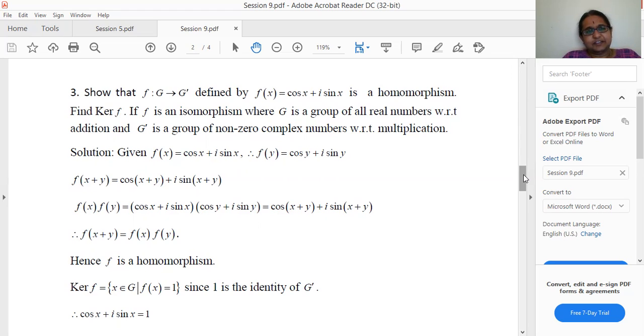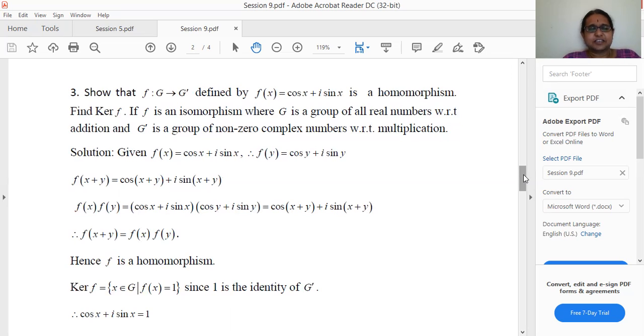The real quantity we have is cos x cos y minus sin x sin y, since I square is minus 1. So we get cos x cos y minus sin x sin y, which is nothing but cos of x plus y. Then for the imaginary quantity, what we are getting is I times sin x cos y plus cos x sin y. So this is nothing but sin of x plus y. So f of x dot f of y is nothing but cos of x plus y plus I sin of x plus y.